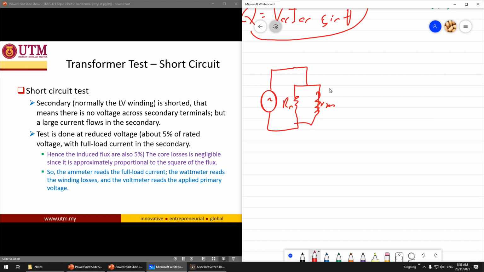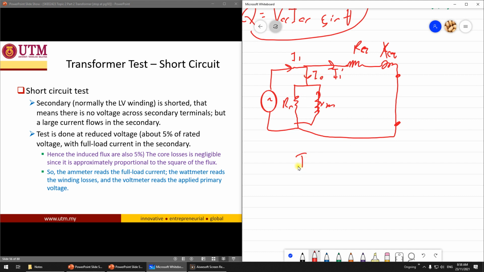RC, XM. You have R, you have inductor, and then you short circuit it. This one is R equivalent, X equivalent. So when you short circuit this, a lot of current flows to here, I1 bar. This is I1 and this is I0.